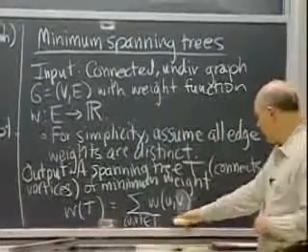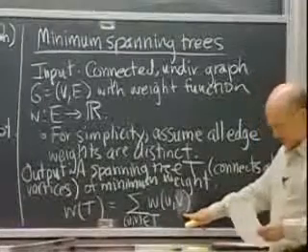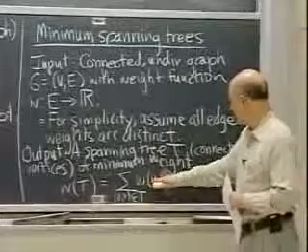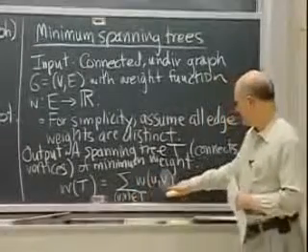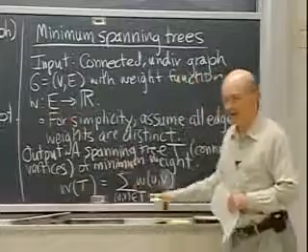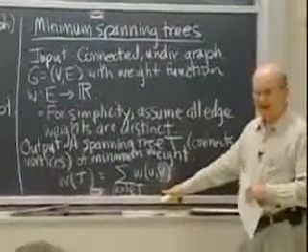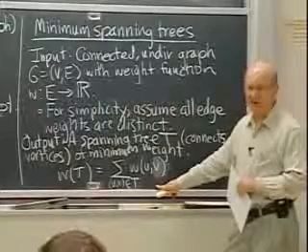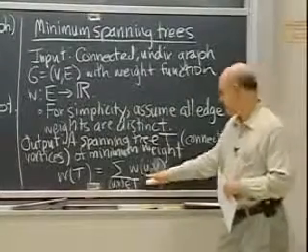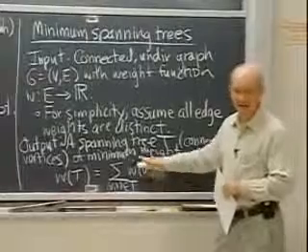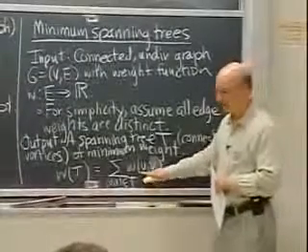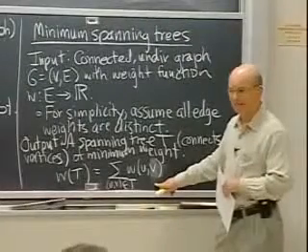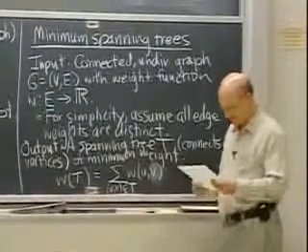Here I've done a little bit of abusive notation. What I should be writing is w of the edge (u, v), because this is a mapping from edges, which would give me double parentheses. And as you know, I love to abuse notation. So I'm going to drop that extra parenthesis because we understand that it's really the weight of the edge, not the weight of the ordered pair.